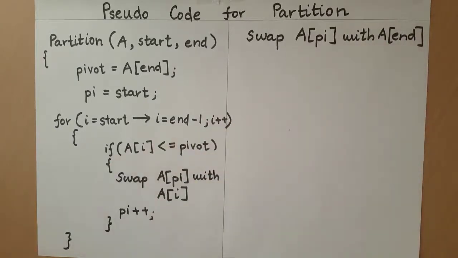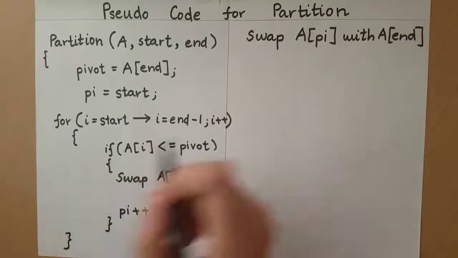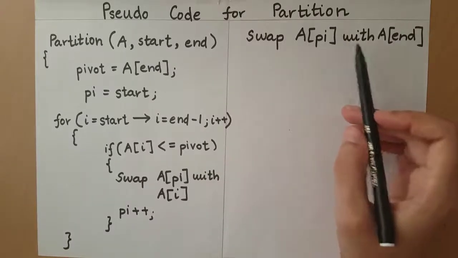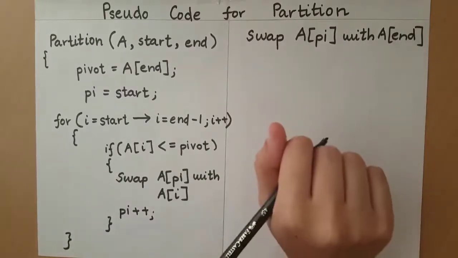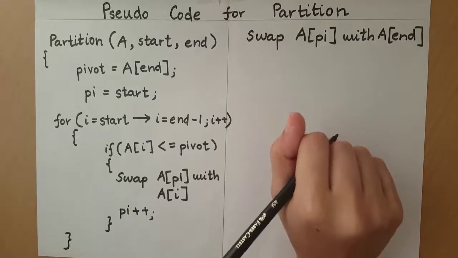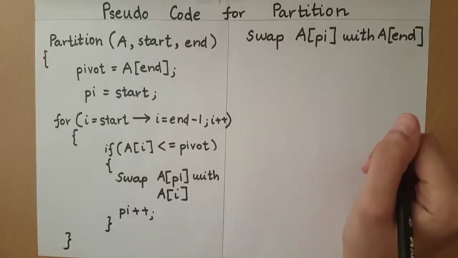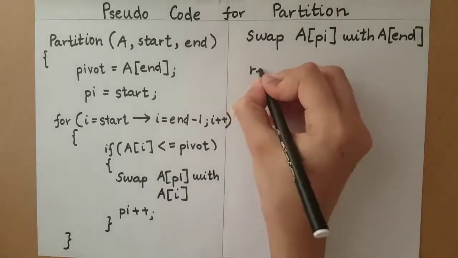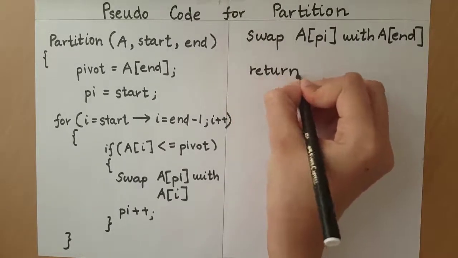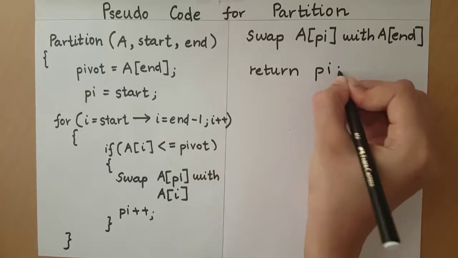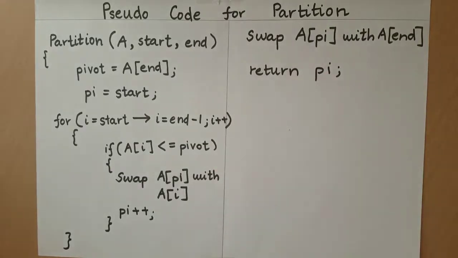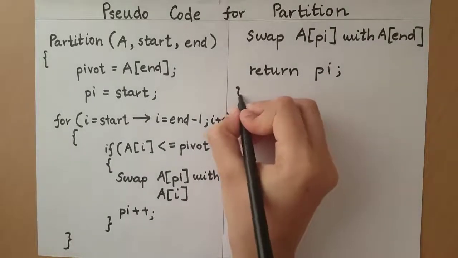Once again, this is a pseudocode, so I am only going to write swap A of pi with A of end. Once that is done, we have to return the index at which the pivot has been placed. So we will return pi. With that, our partition algorithm will end.